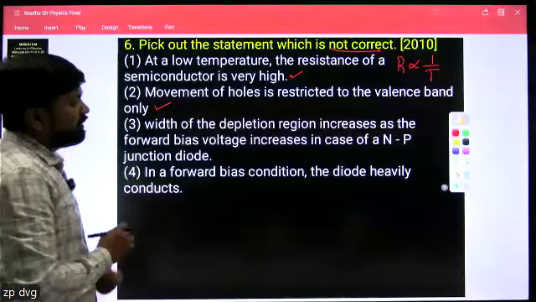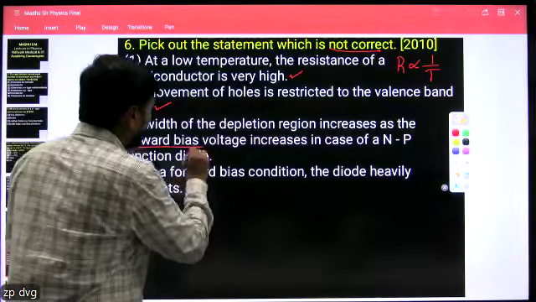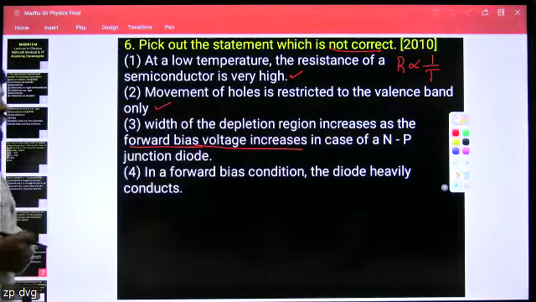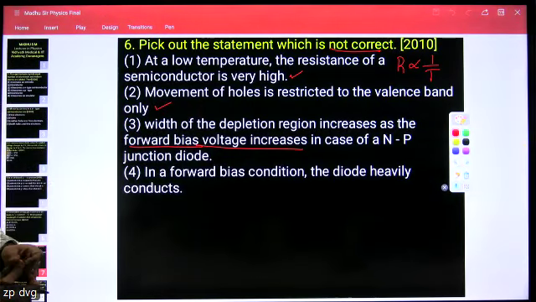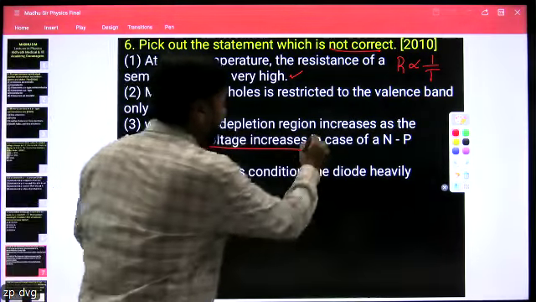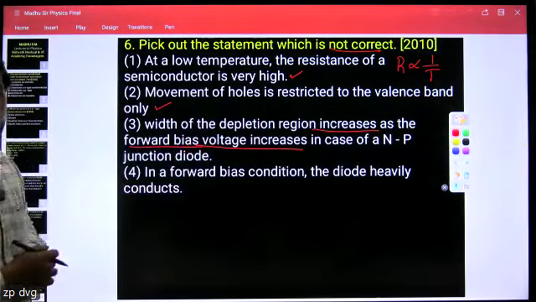And third one, width of the depletion region increases as forward bias voltage increases in case of PN junction diode. Width of the depletion region ಏನಾಗ್ತಿದೆ ಅಂತ increases as the forward bias voltage increases ಅಂತ ಕೊಟ್ಟಿದ್ದಾರೆ.